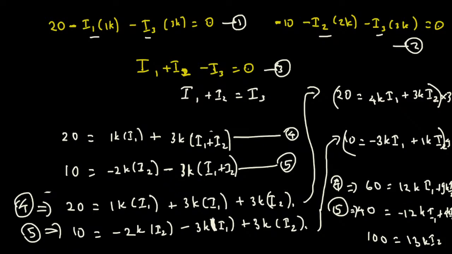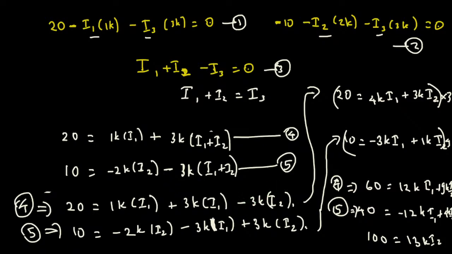Okay, from this one I want to make sure I didn't make any mistake here. First, let's look at this equation. 10 is equal to minus 3k I1, and I2 was initially minus 2k I2. Oh, I made a mistake here. This is minus 3k I2.